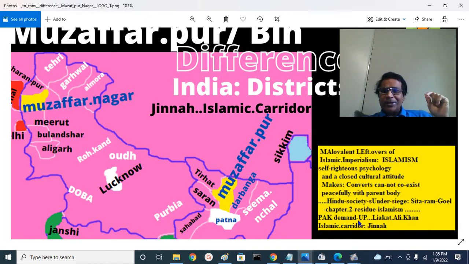That was discussed excellently in the classic book Hindu Society Under Siege by Sitaram Goel, and in The Residues of Islamic Imperialism.